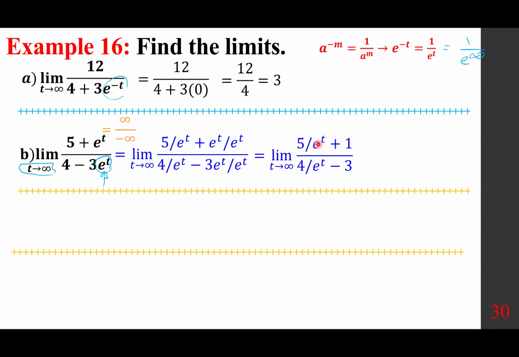And because t goes to infinity, so does e to the power of t. It's important to know that, again, if t goes to infinity, that means e to the power of t goes to infinity. And so with that being the case, this is 0, positive 1 over -3 gives us -1/3.